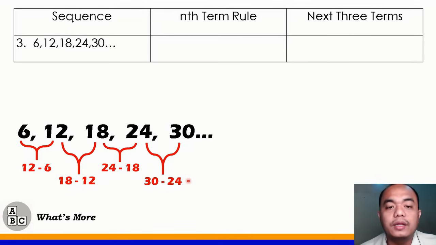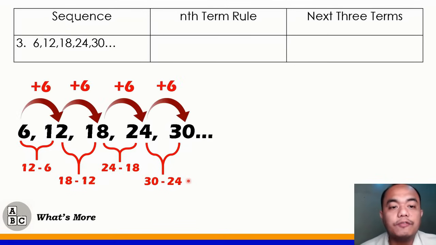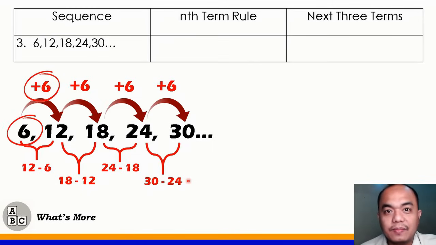So this will give you 6. No? So the common difference is 6. And now take note. We have the same common difference with the first term. Pareho yung first term natin at saka yung ating common difference.